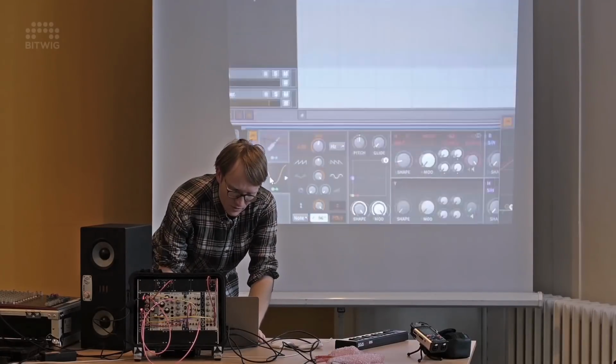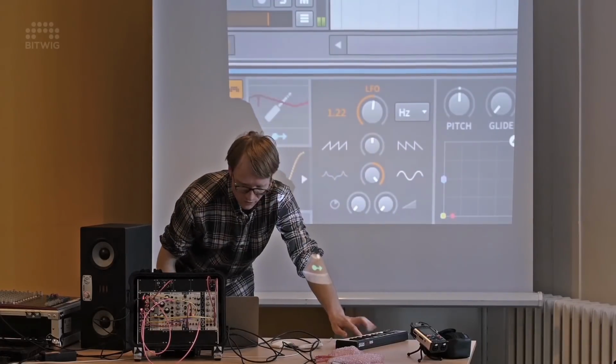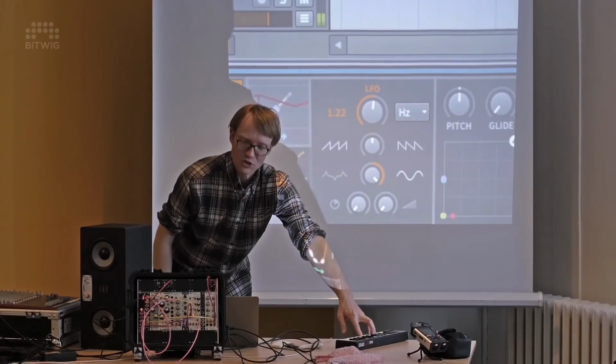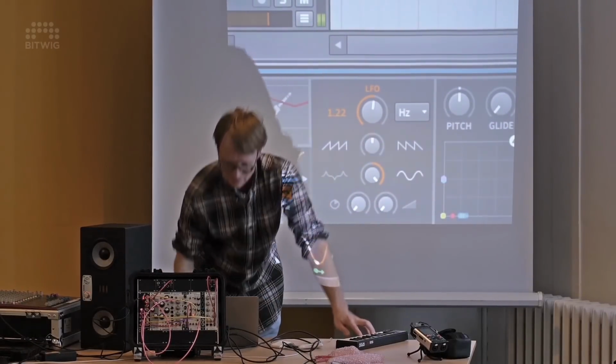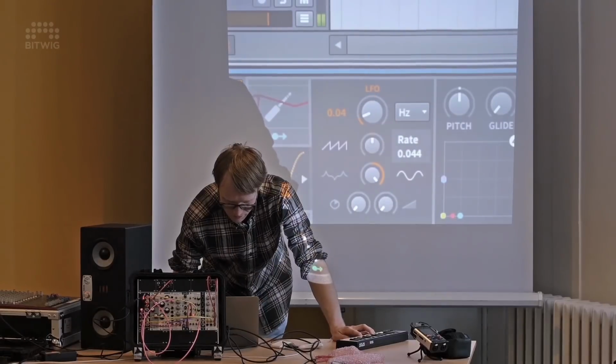And yes, if you see the 3 nodes going there, it's actually representing the phase of each note that's getting played and showing you where it is in the LFO at the current moment.